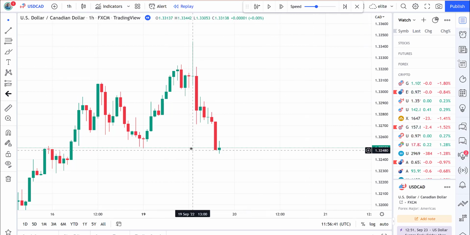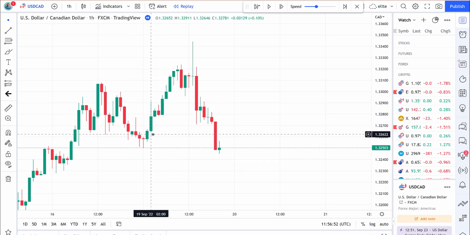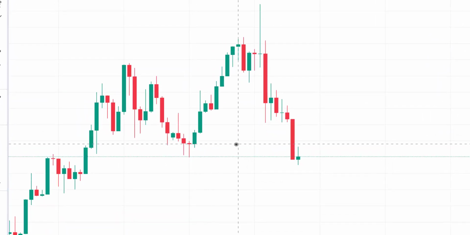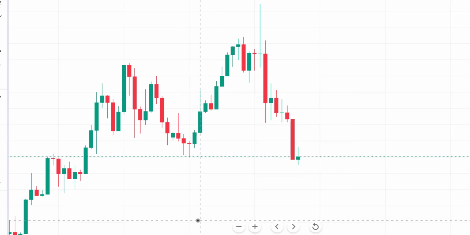Alright guys, welcome to the charts. When you look at this screen, you will discover that right here we have a hammer candlestick form. You remember the characteristics we said. Usually characterized by a small body, then a longer wick pointing downward. Let me try and zoom in a little bit.